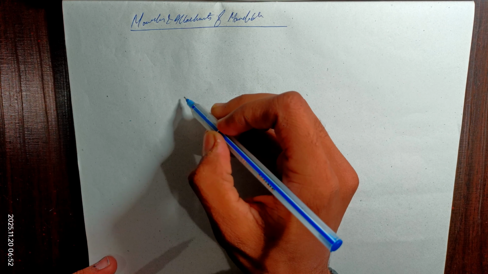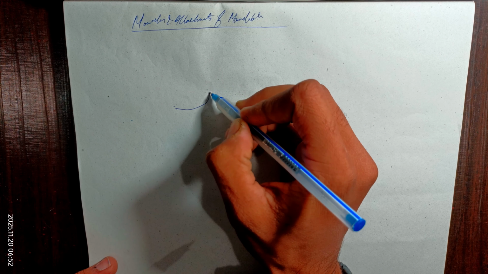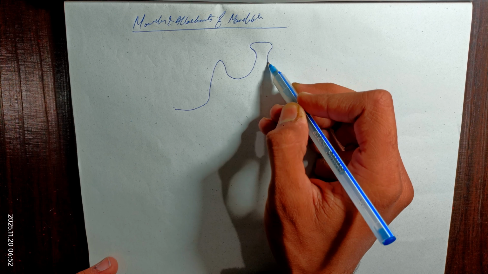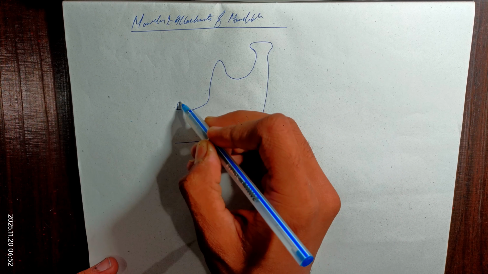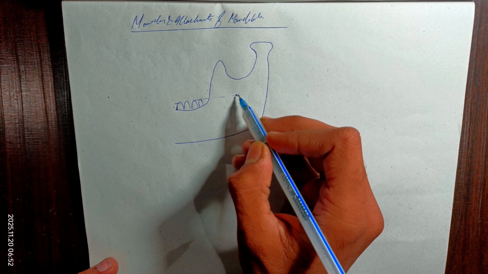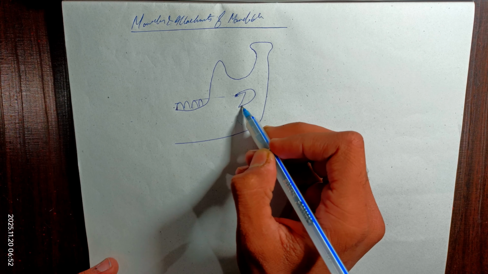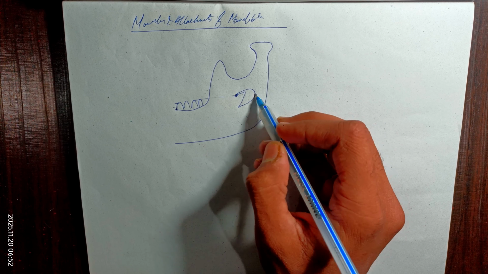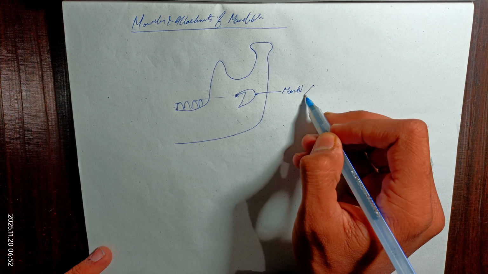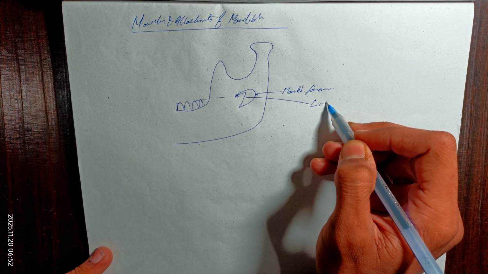Okay, so let's say this is the mandible, this is the occlusal surface, and this is the mandibular foramen. This is the lingula.